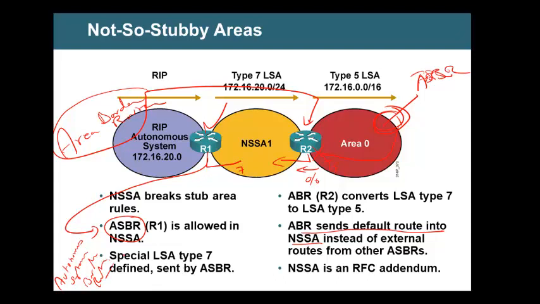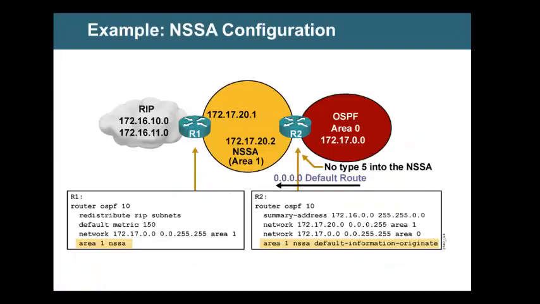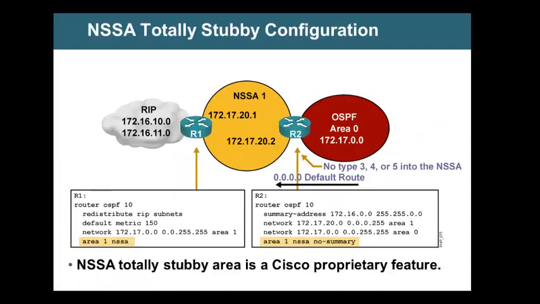Now one more we have. That is totally stubby area. Sorry, not so stubby, totally stubby area. Very simple. We already saw that. Anyway, you forgot. You see, it is going to deny 3, 4, and 5. For that, it will give you a default route.